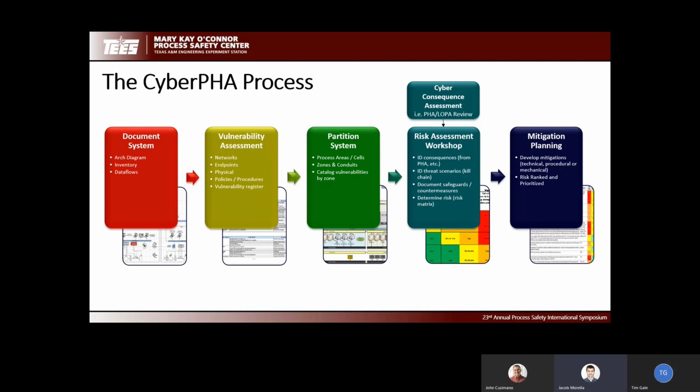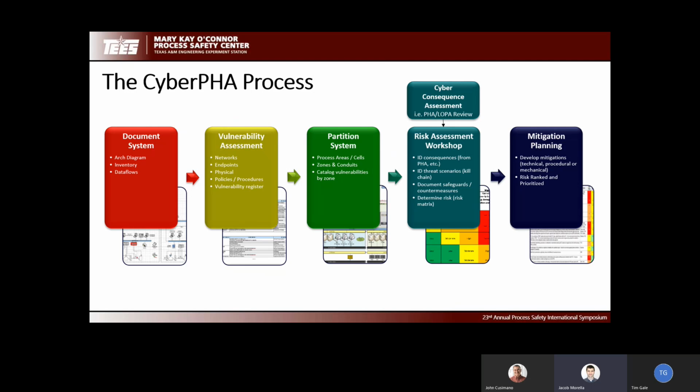We also partition the system. So just like you would break a P&ID and a process down into nodes for a PHA, we break the network and the network connected systems down into zones and conduits that we can then look at and analyze in smaller, more manageable pieces, just like you would do in a PHA.